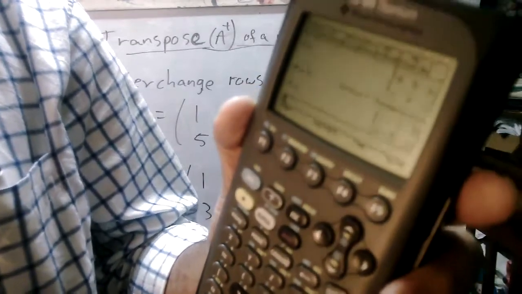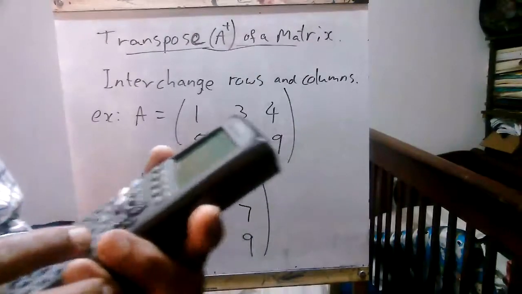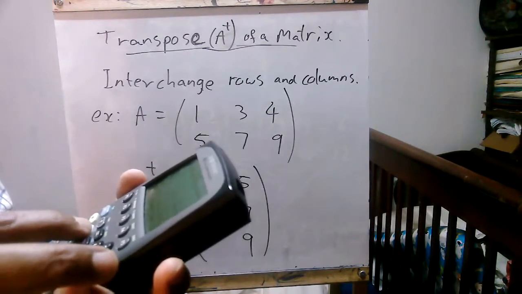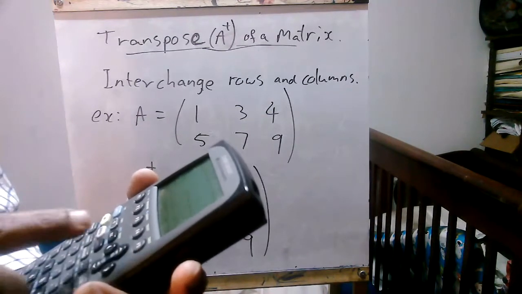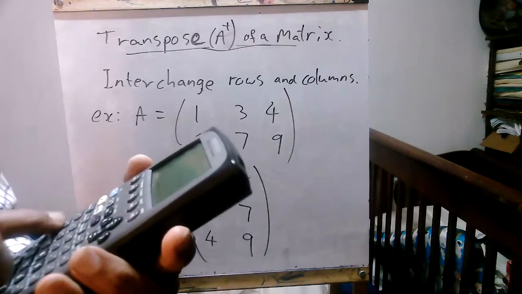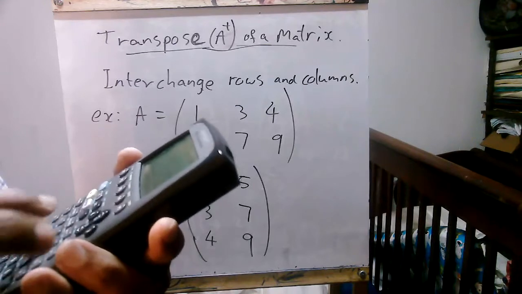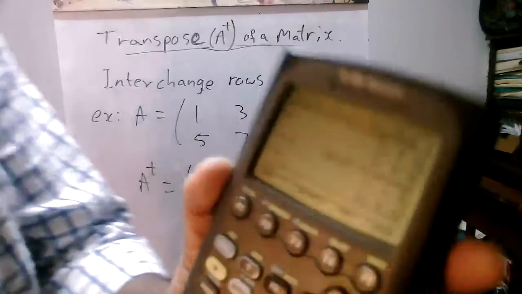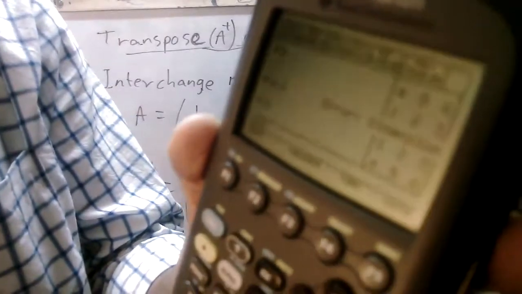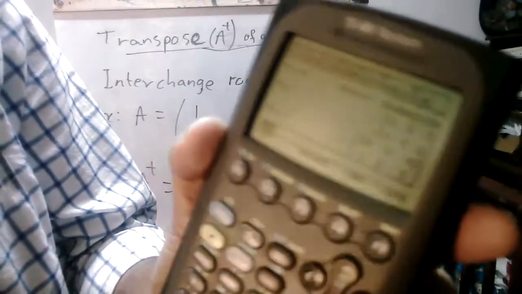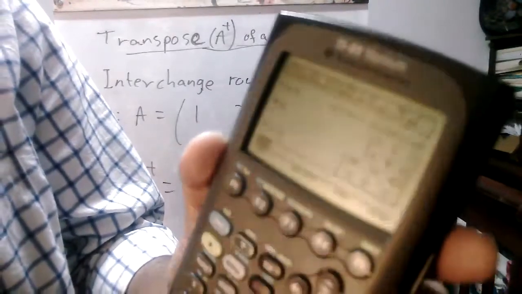We can do that multiplication. Okay, let me ask calculator to do that. Multiply matrix A, you simply type A times D. I type A times D, enter. Okay, I got answer, right?